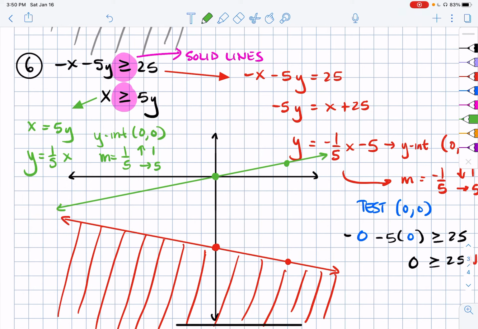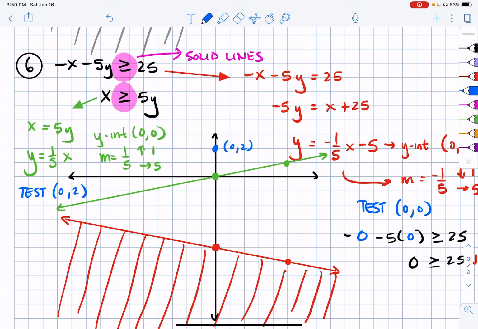So there you go. The problem here, however, is that I can't test 0, 0, because the line actually goes through 0, 0. So let's test this point here, 0, 2. If I test 0, 2, I got to do it from the original.